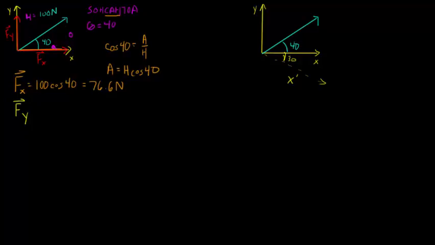Instead of using cosine, we're going to use sine. So we're going to have 100 times the sine of 40, and this is going to be equal to 64.3 newtons. So this right here is our answer. 76.6 newtons is this x vector, and 64.3 newtons is our y vector.